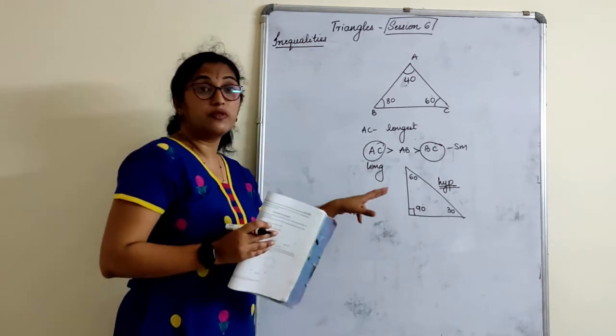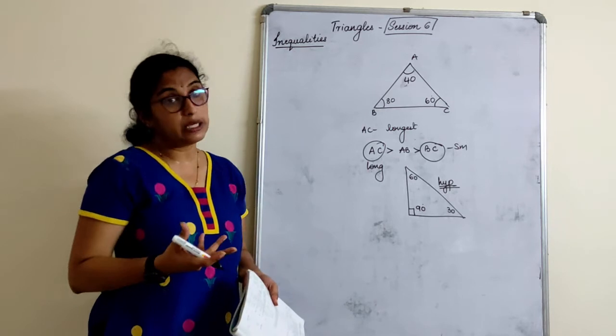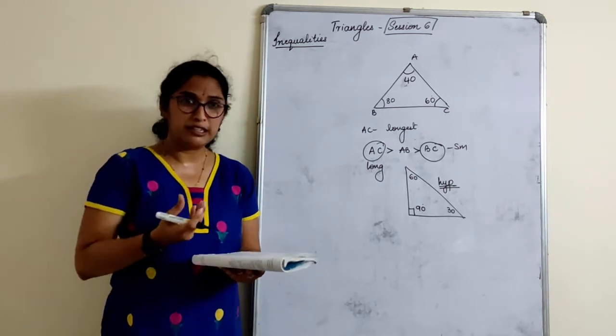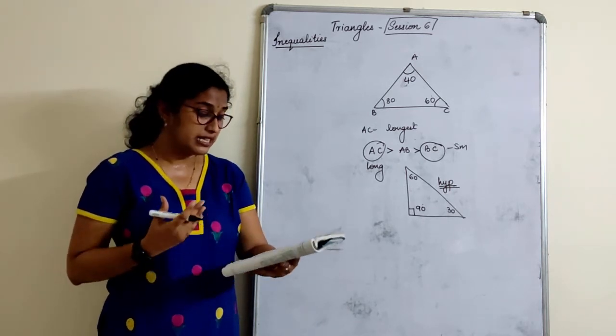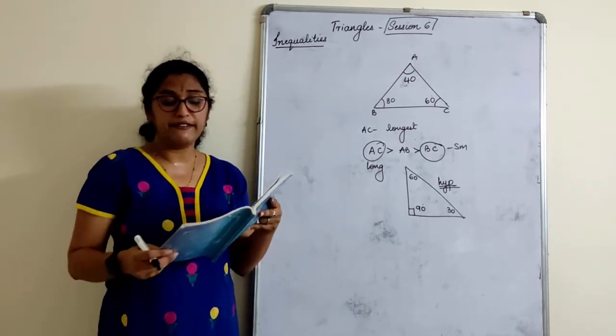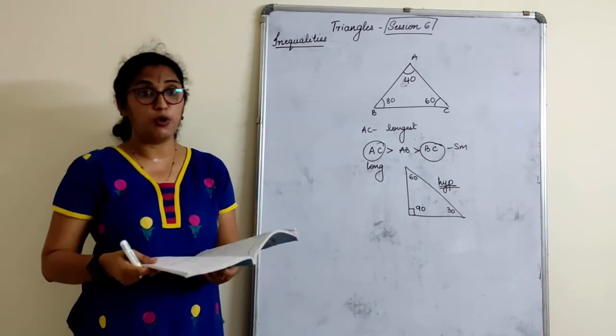Now this is what we are going to deal with in numericals here, which is called inequalities in the triangle. There are some small riders given in the worked examples. We will directly move on to the exercise, a very small exercise of 5 sums. After this you also have an optional exercise, but that exercise is not from the examination point of view.